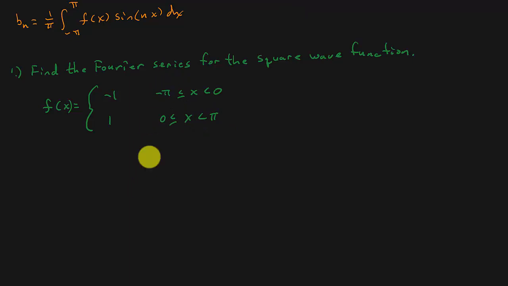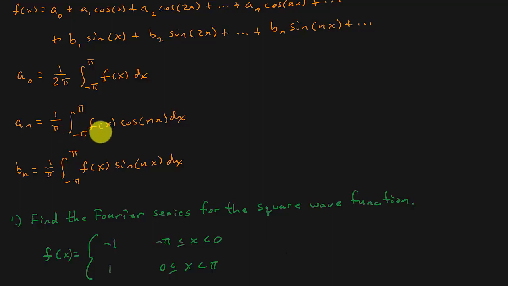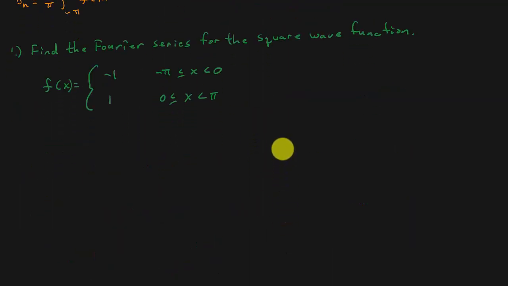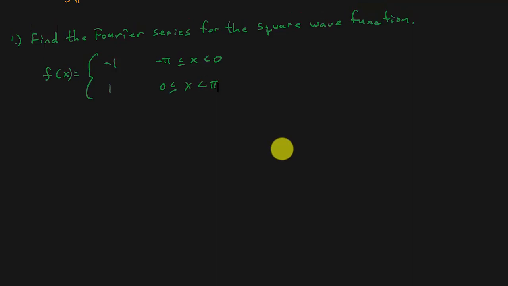We're going to work several examples with this, and then we're going to get to some functions where it's not pi, and so this formula up here is a little different. I'll write it down.